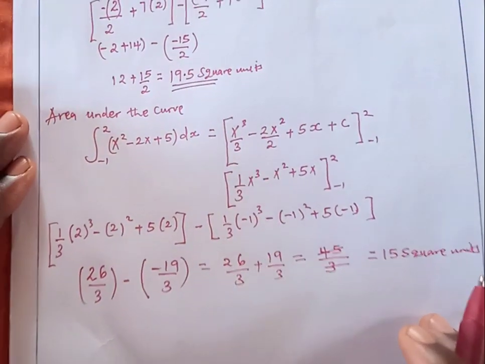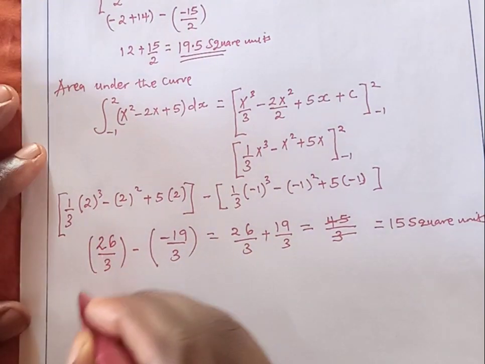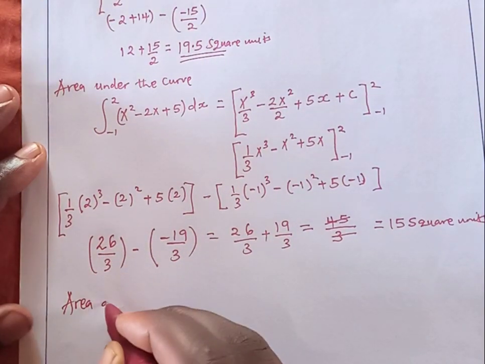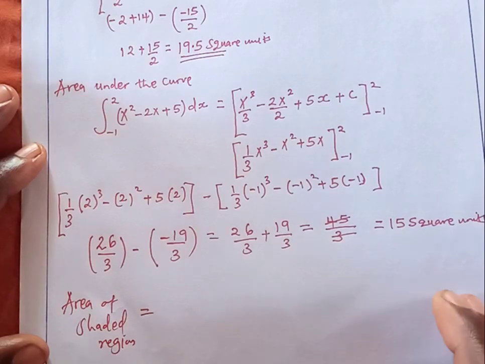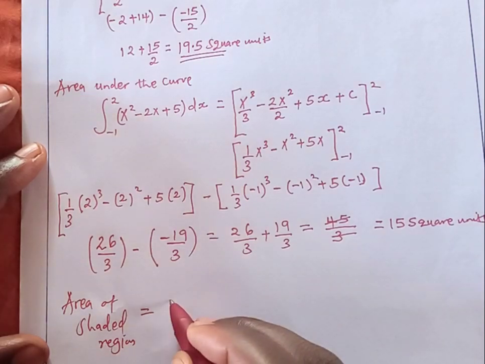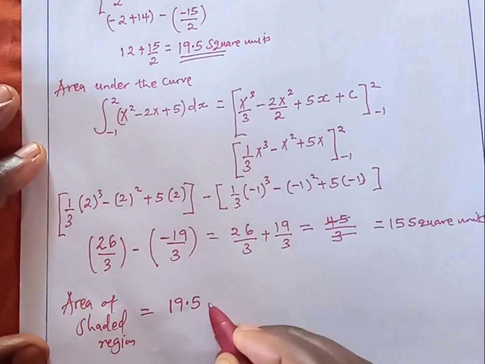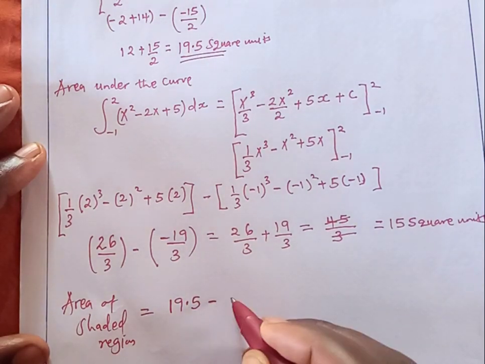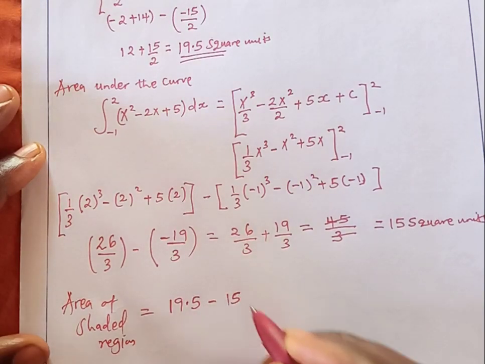Now the area of the shaded region is going to be the area under the line, which we obtained as 19.5 square units, take away the area under the curve, which is 15 square units.